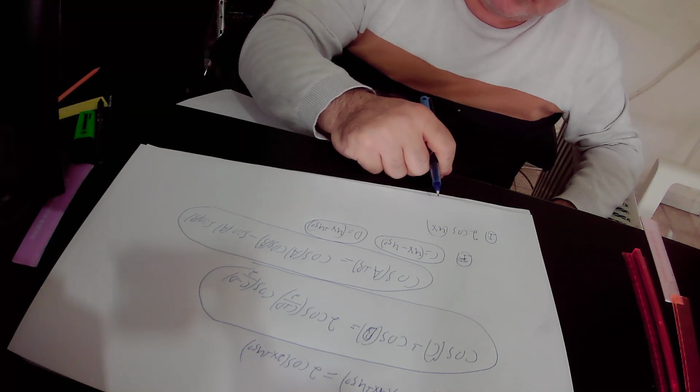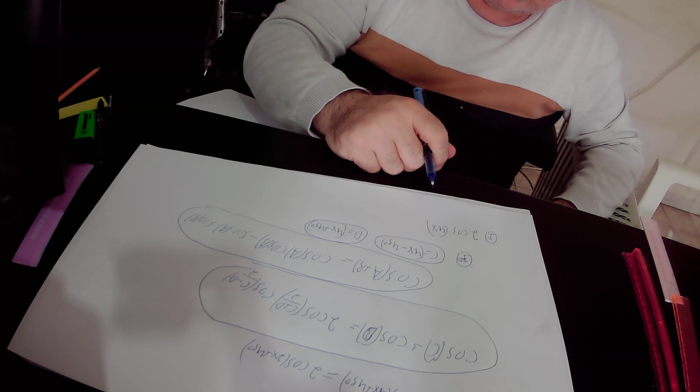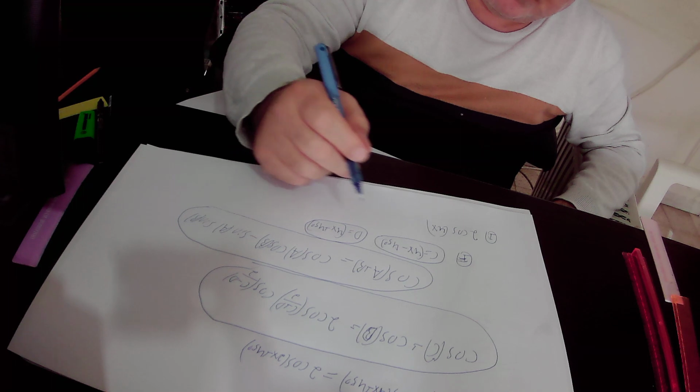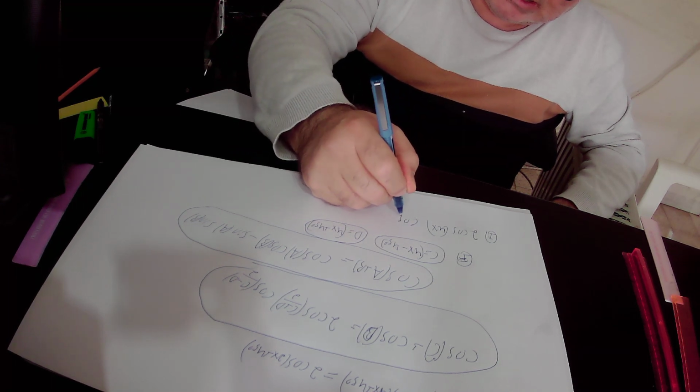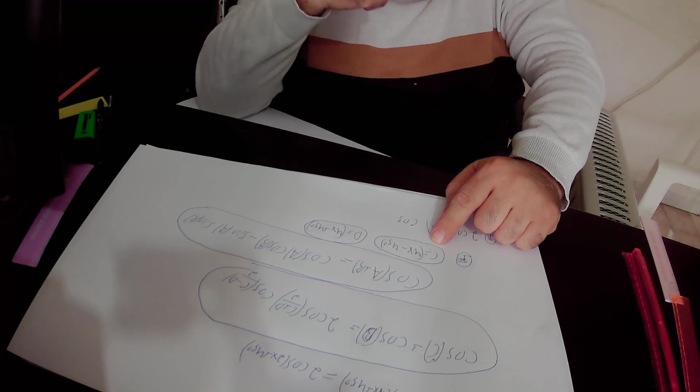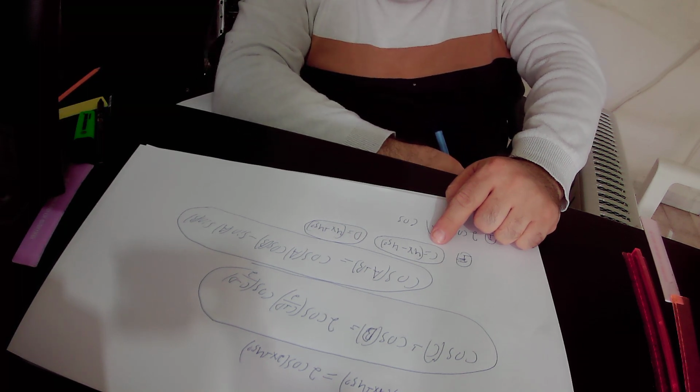So we are left with only the 4x, times cosine C minus D over 2. C is 4x minus 45 degrees and D is 4x plus 45 degrees.